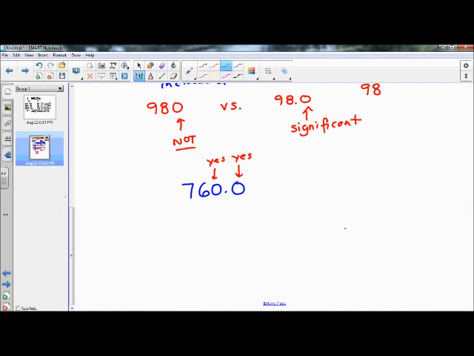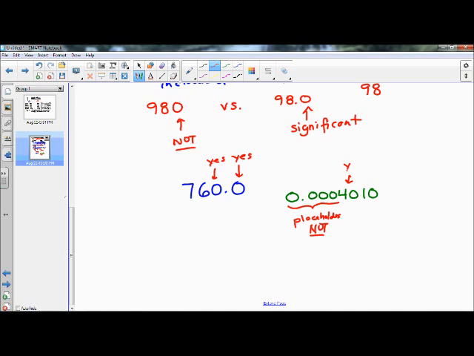What about a number that looks like this? Okay, this number has all three kinds of zeros. It has the placeholders, which are not significant.